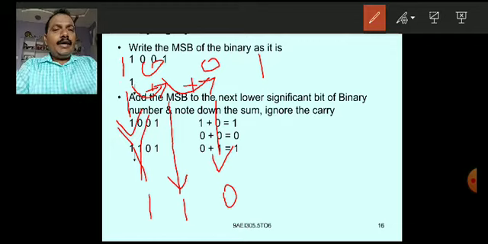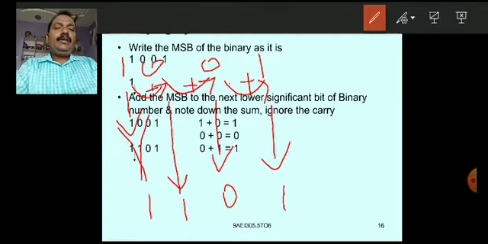And the next two adjacent bits are added: 0 plus 1 is 1. That's all. That means 1001.